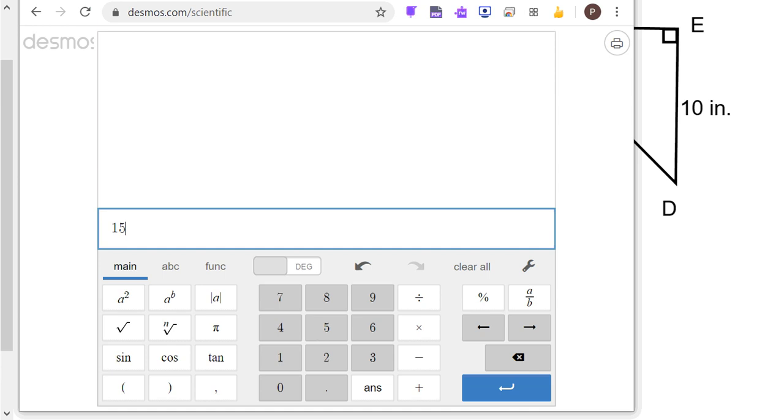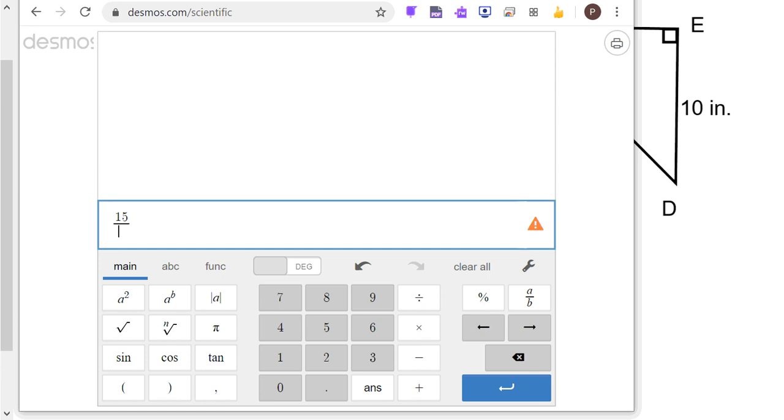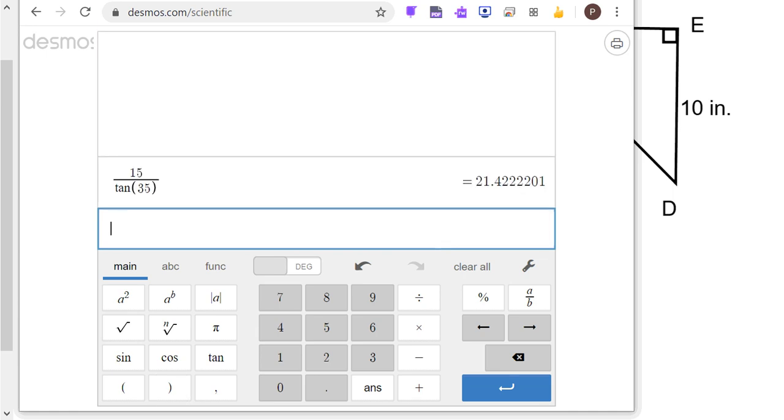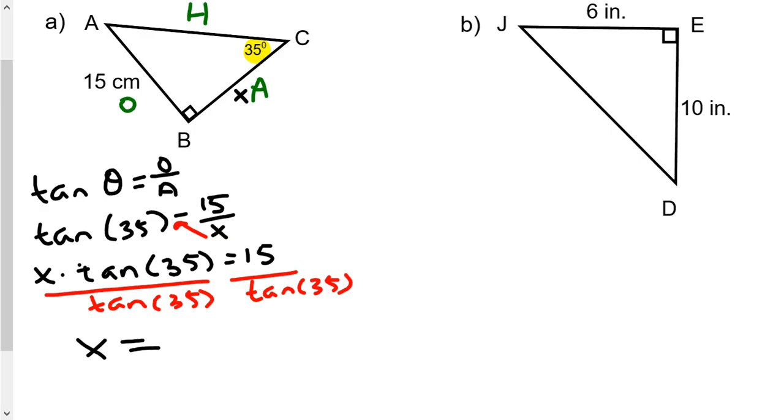I'm going to do 15 as my numerator and tangent 35, not inverse, because I wasn't trying to isolate the angle. I know the angle. And I get 21.4 as my length. So x is 21.4 centimeters. That's part of my triangle now, and I can write that in if I want.